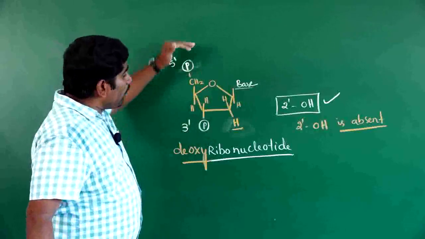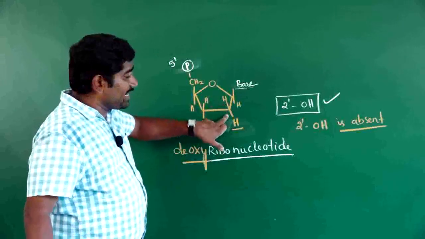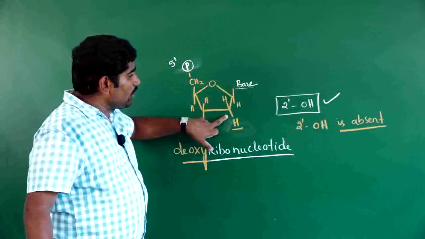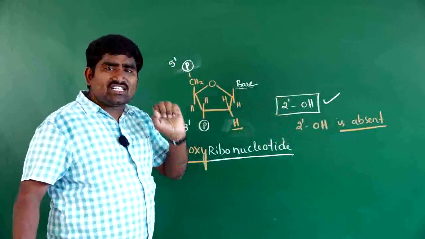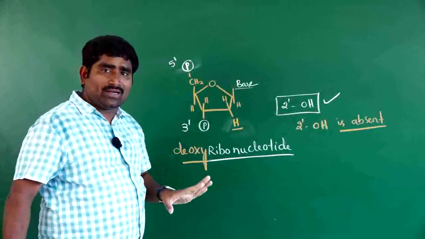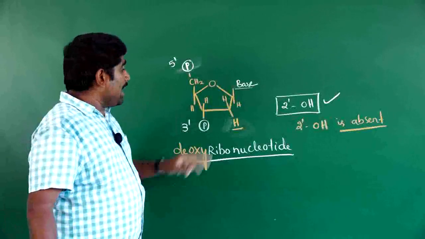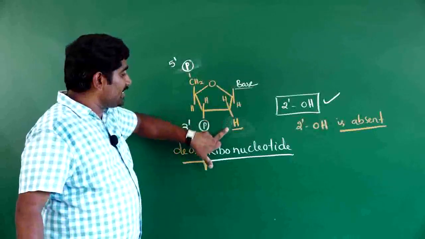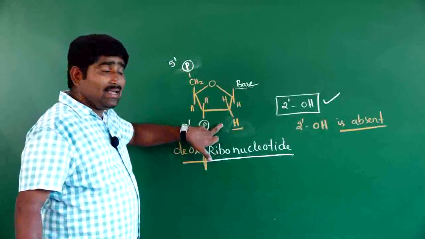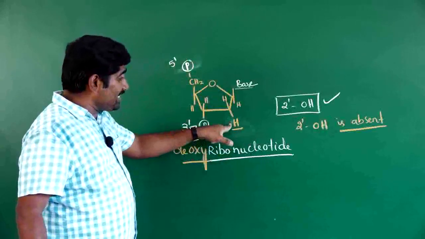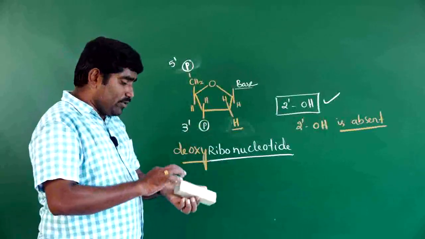In RNA, all the nucleotides contain an OH group at the second place, so this is called the 2' OH group. So the 2' OH group is present in all the nucleotides of RNA, and in DNA the 2' OH group is absent. Here oxygen is absent, so it is deoxy. In the ribonucleotide, one oxygen is removed, so this is called deoxyribonucleotide.